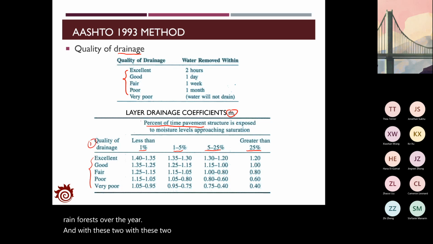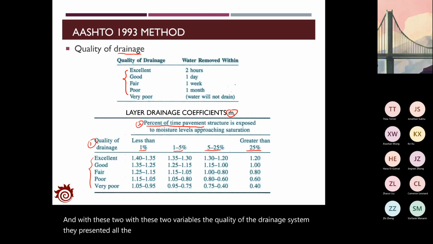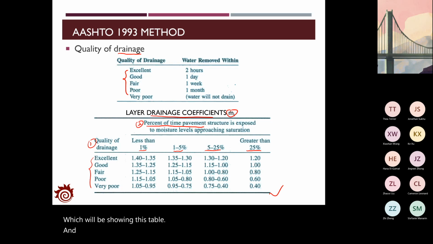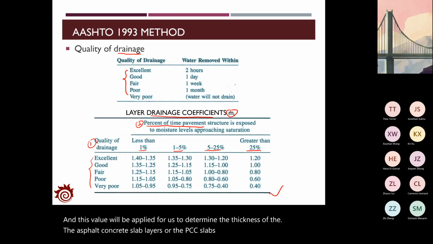With these two variables, the quality of the drainage system and the percentage of time approaching saturation, we can select the appropriate values for the drainage coefficient, which will be shown in this table. This value will be applied to determine the thickness of the asphalt concrete layers or the PCC slabs, for flexible and rigid pavement design.